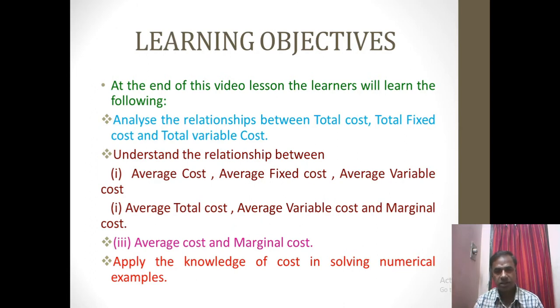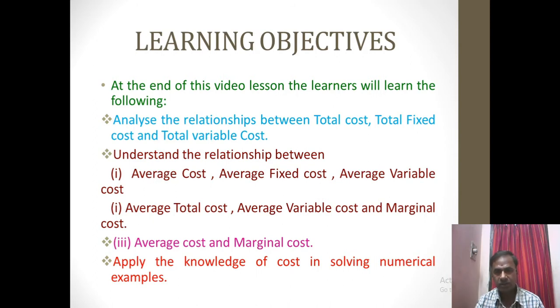We studied the total cost. The total cost is the sum of total variable cost and total fixed costs. The total fixed cost does not change with the level of output. The shape of total fixed cost curve is horizontal, parallel to the x-axis.